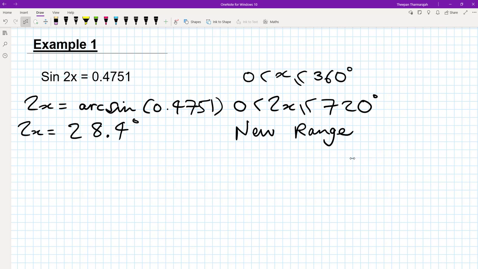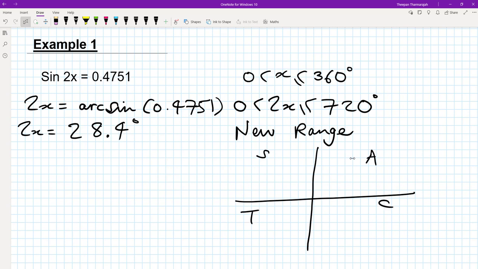So now we can draw the CAST diagram and say, where is sine positive? Well, it's positive here. So we've got 28.4 degrees, positive there. And don't forget, we always measure angles in an anti-clockwise sense.